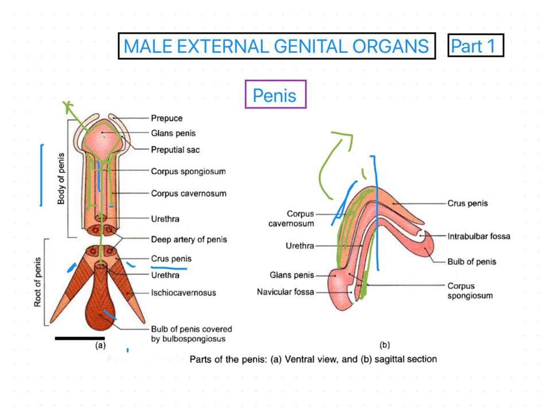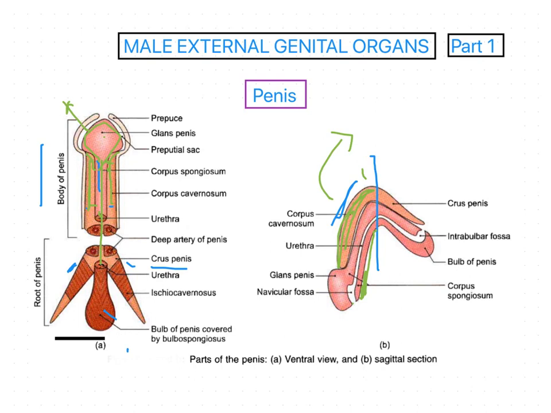And coming to the fascia, this layer is rich in elastic fibers and may also contain muscle fibers called peripenic muscles. It covers the corpora cavernosa and corpus spongiosum.